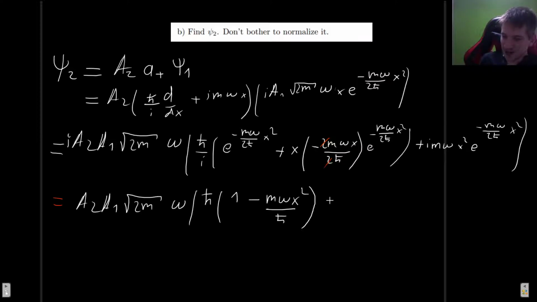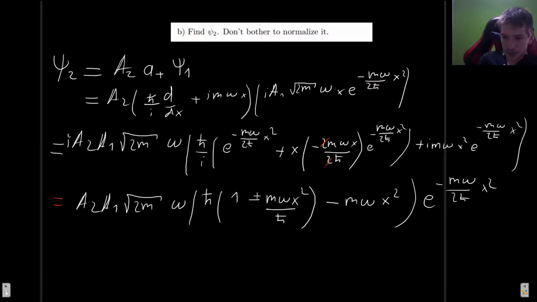So then we have minus m omega x squared. Why do I feel I'm missing an h bar here? Oh no, it's fine. And times e to the minus m omega 2h bar x squared. Okay, there we go. Sorry about the little hesitation there, but it's all going well.